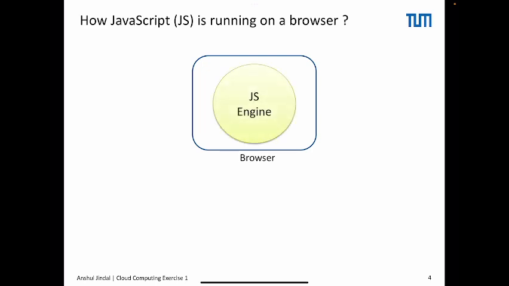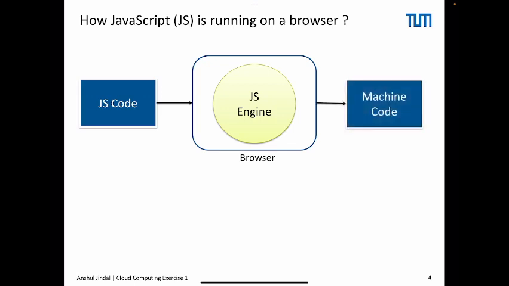You have a browser, and this browser has a JavaScript engine. This JavaScript engine takes the JavaScript code of the web application you are opening and converts it into machine code, which runs on your laptop or computer, and that's where you see the web application rendered in the browser.